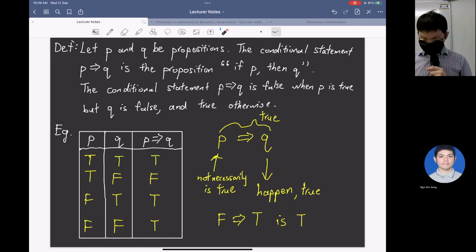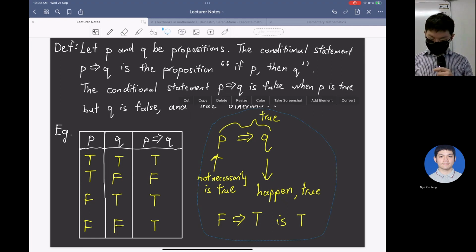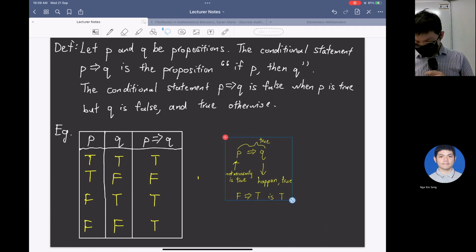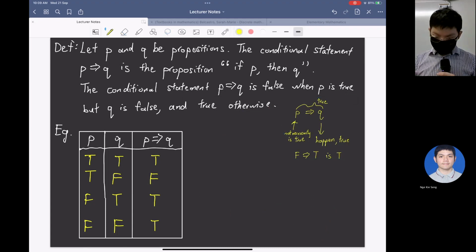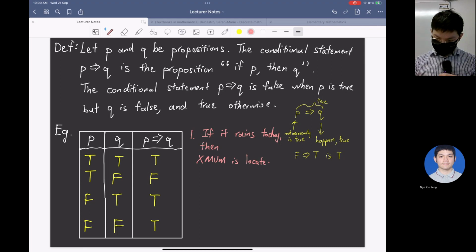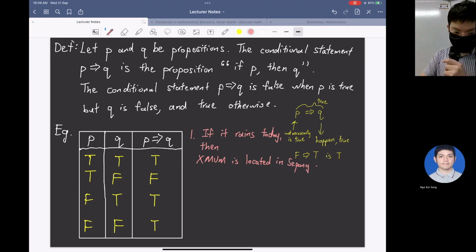Let me see. Let's try to give an example. If it rains today, then an event is located in the park. So is this statement true or false?